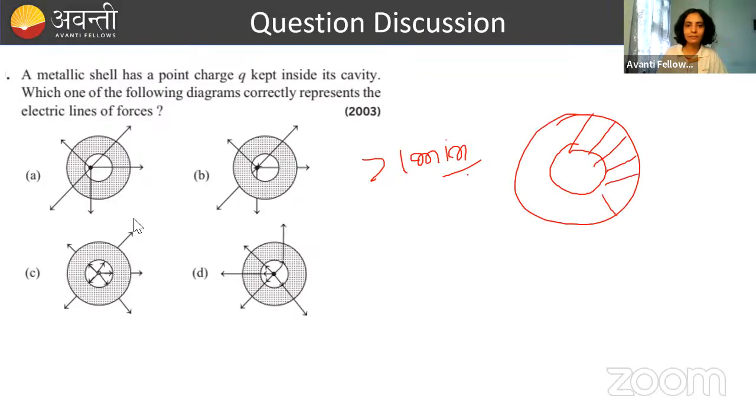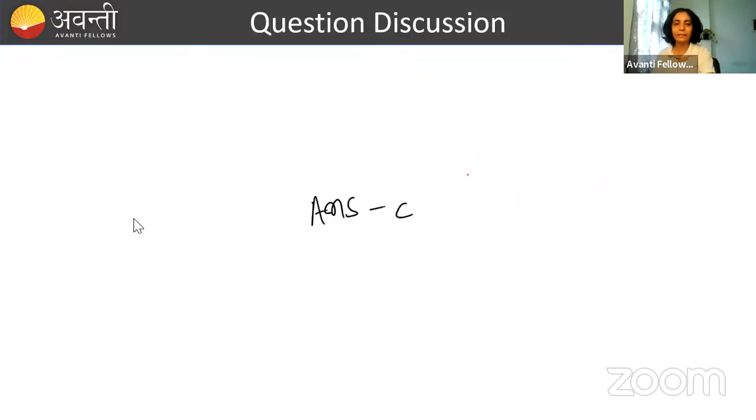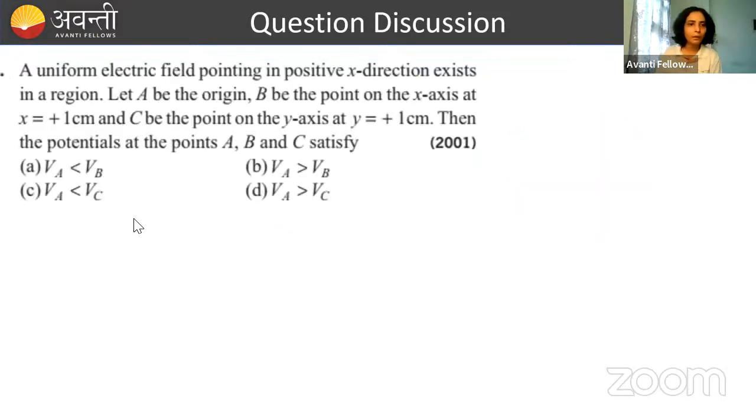This is metallic region, charge is kept here, so electric field will come out of this charge, but this electric field will not penetrate the conducting region, क्योंकि कंडक्टर के इनसाइड इलेक्ट्रिक फील्ड नहीं जा सकता। इलेक्ट्रिक फील्ड क्या होता है कंडक्टर के अंदर? जीरो। बट दिस इज अ वैक्यूम रीजन, सो हियर इलेक्ट्रिक फील्ड विल बी देयर। इन दिस रीजन नो इलेक्ट्रिक फील्ड, एंड अगेन इट विल कम आउट फ्रॉम द सर्फेस। I have discussed this thing in the class. Cavity वाला thing I have discussed, so I won't go into detail.